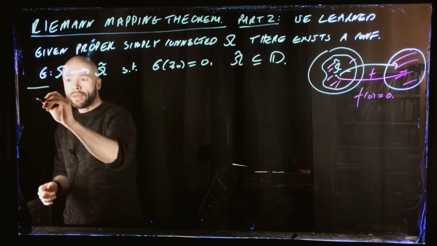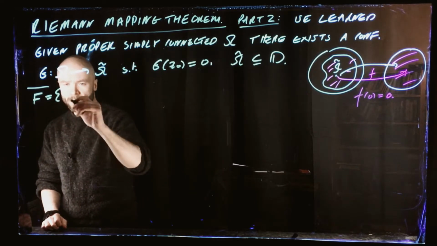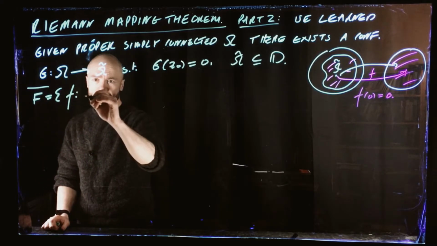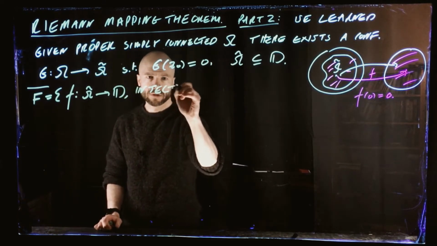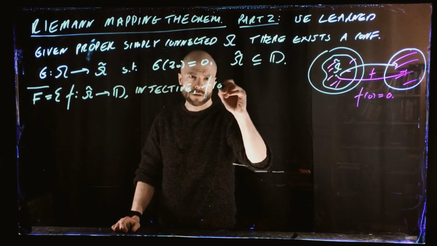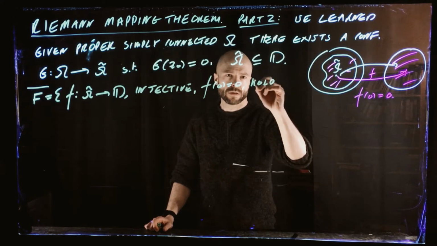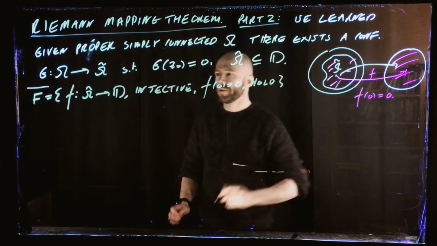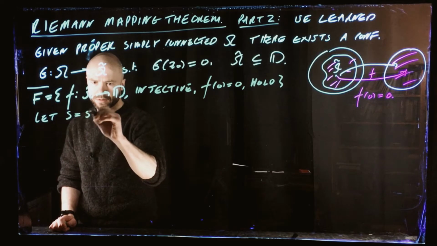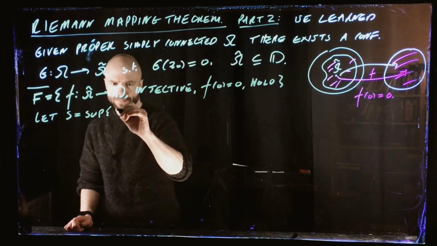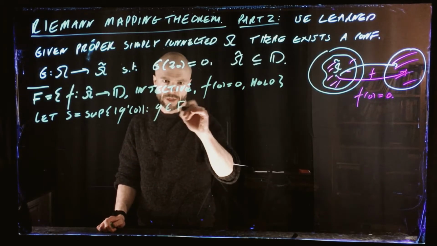So what did we do? We also established that if we consider the class of functions f, which are holomorphic mappings from this subset omega into the unit disk that are injective, that fix 0, and of course holomorphic, then we let S be the supremum of, say, g prime of 0 for all g belonging to this family of functions f.